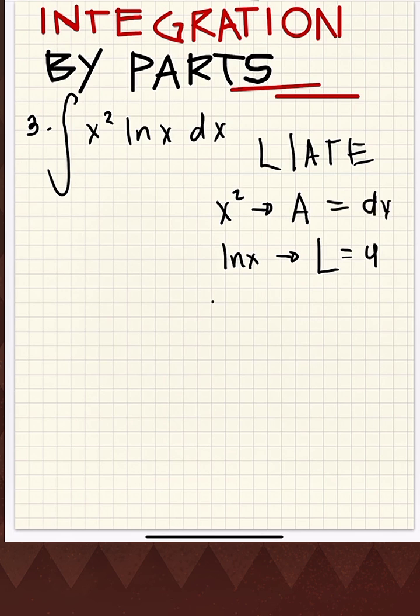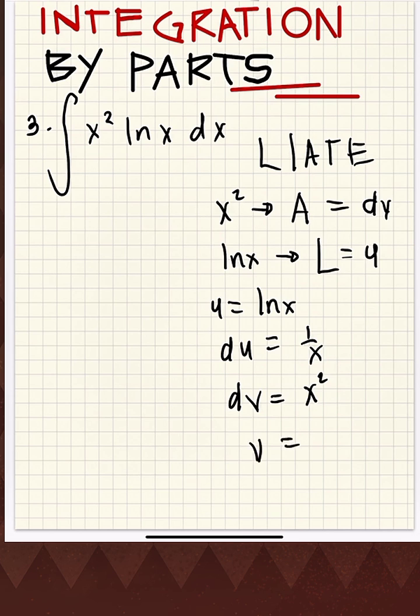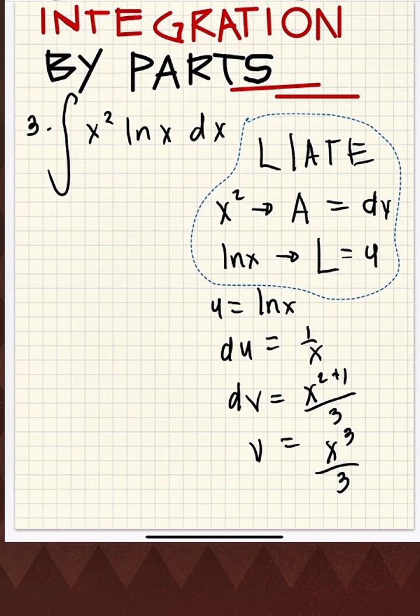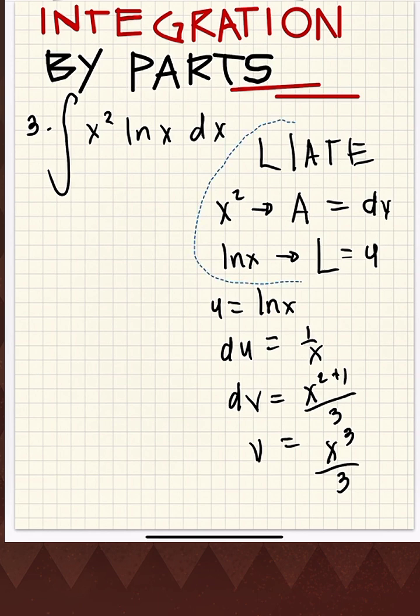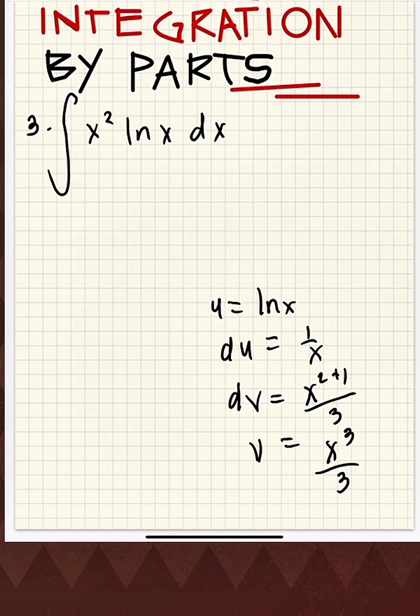So u is equal to ln x and the derivative of this is 1 over x. So dv is equal to x squared and the antiderivative of it, we have to use the power rule, which is x cubed over 3. And we have to substitute it in the formula, which is the uv minus the integral of v du.